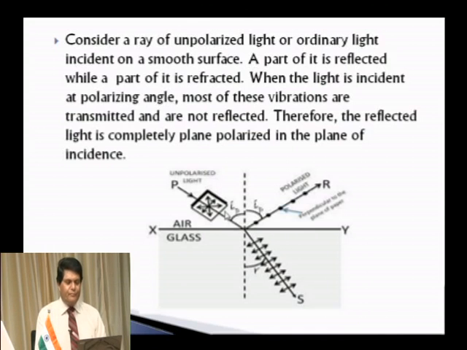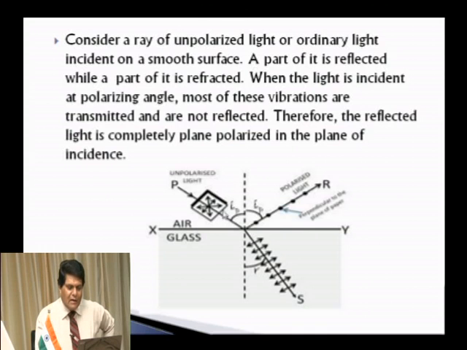So the light which is falling at this point is totally unpolarized light. When it hits and gets reflected here, this is polarized light, and the same light enters into the media. Since it is the same light entering the media, this light is almost unpolarized. But what we can notice is the intensity of the light.